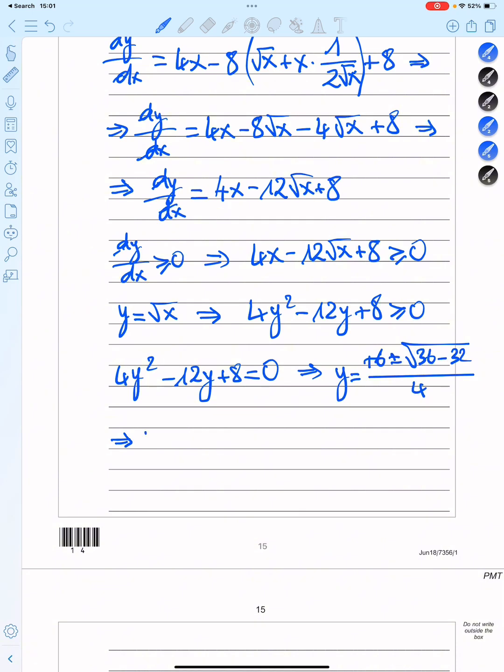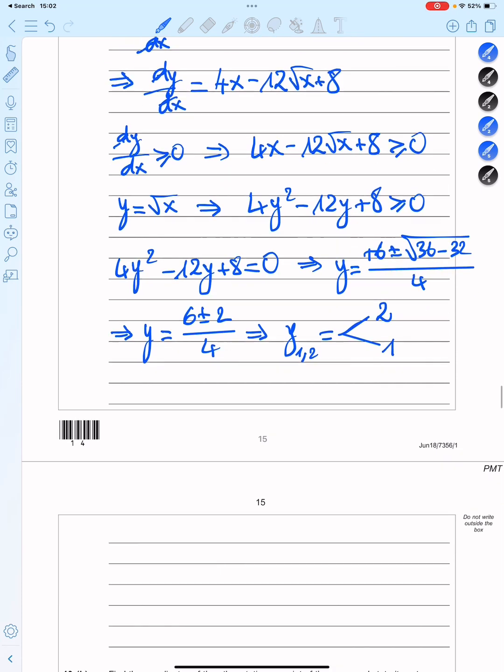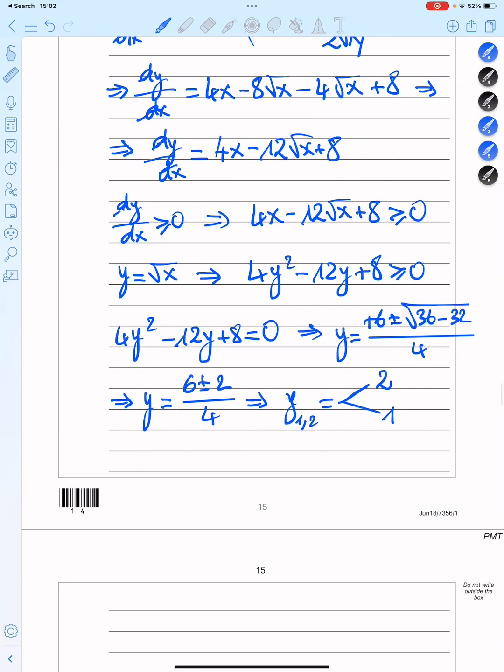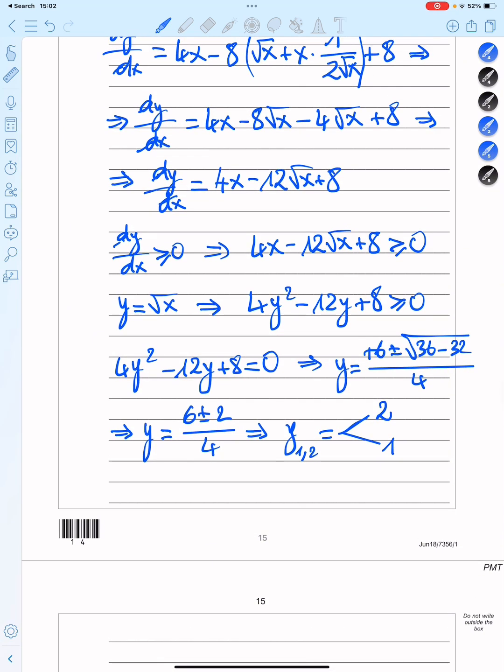Now this implies that y equals 6 plus or minus 2 over 4. This implies that y1, y2 equals what? We're going to have 6 plus 2 is 8 divided by 4 is 2. Then 6 minus 2 is 4 divided by 4 is 1. So from the associated equation we have two solutions, 1 and 2.